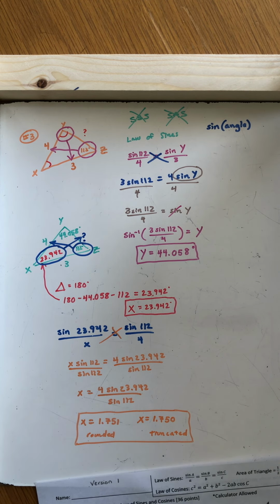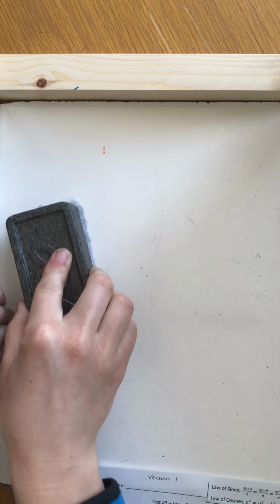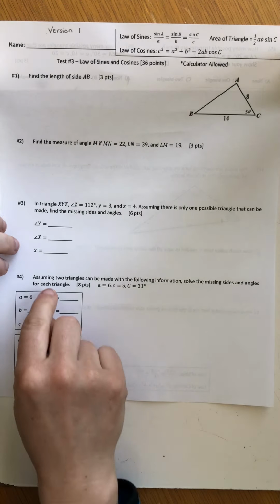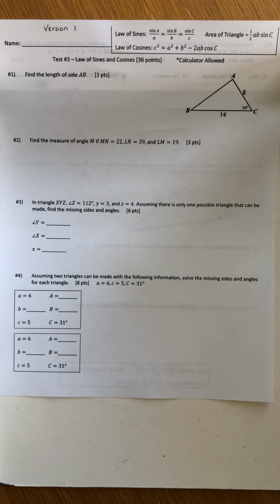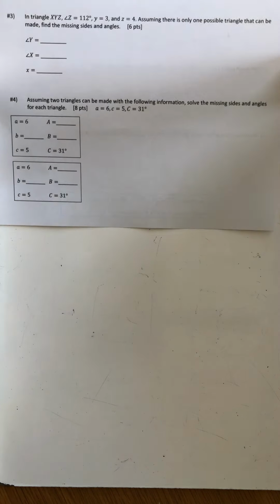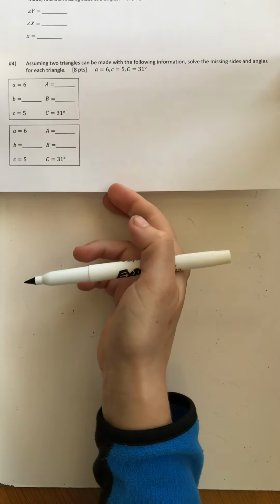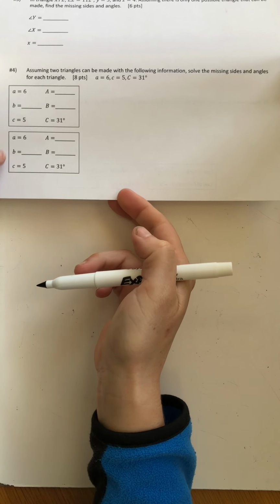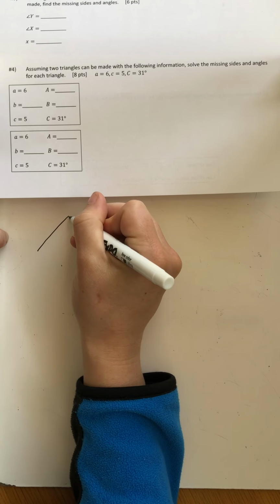Last problem on the front. The last problem on the front talks about how we should be assuming that there are two triangles made with the information. So I have two triangles here.